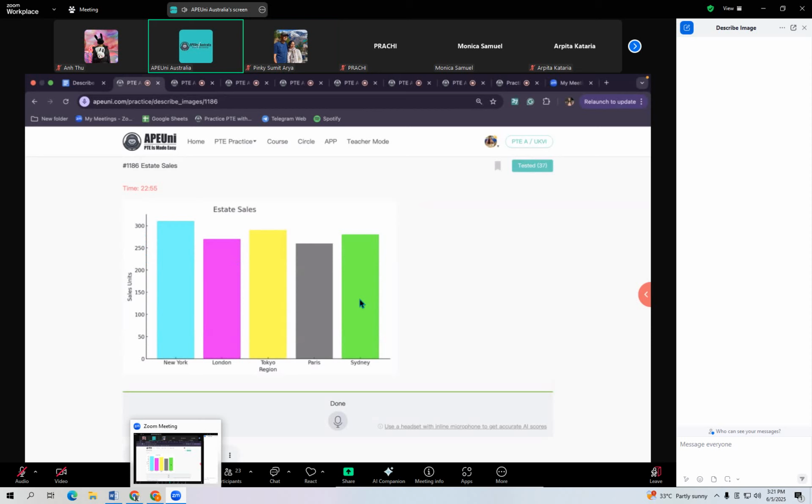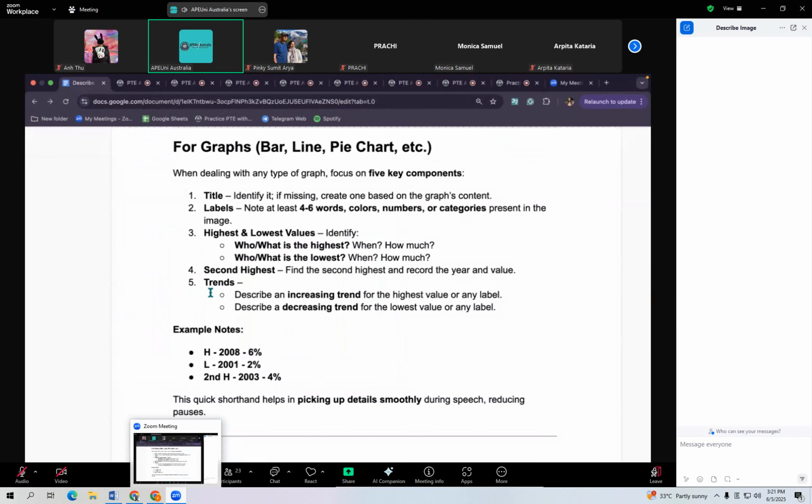Now, if you have already figured out component 3, it instantly means you also got component number 5. Why? Because we're just going to say the highest one has an increasing trend, the lowest one has a decreasing trend. So component number 5, what is it saying? Trends. Describe an increasing trend for the highest value, which is New York, and a decreasing trend for the lowest value, which is Paris.